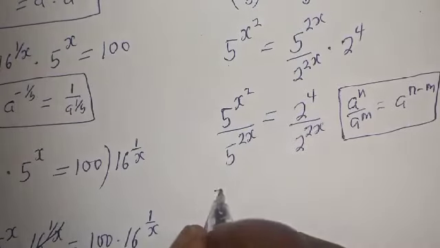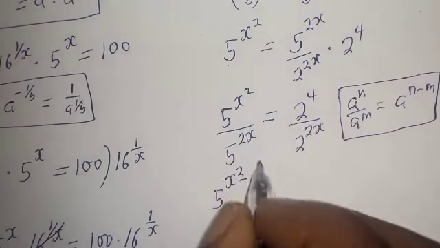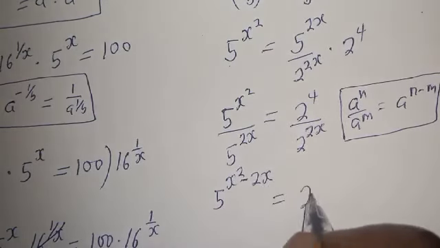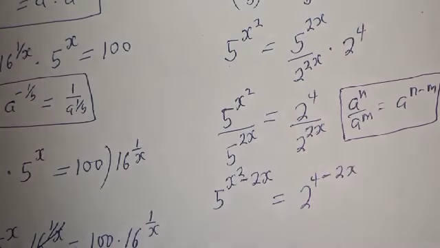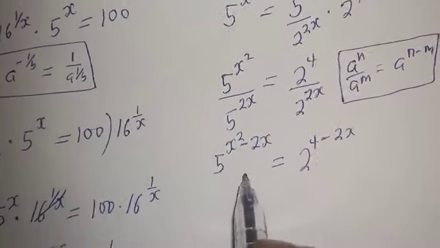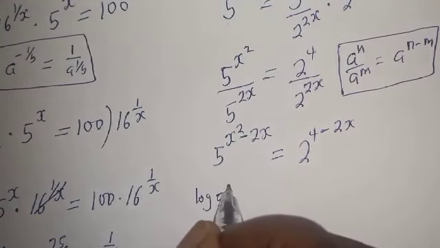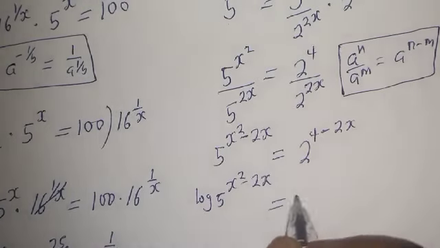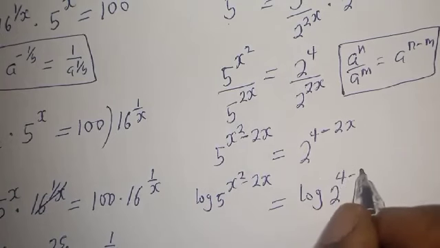Then we have 5 raised to power x squared minus 2x is equal to 2 raised to power 4 minus 2x. Now let's take the log of both sides. Log 5 raised to power x squared minus 2x is equal to log 2 raised to power 4 minus 2x.